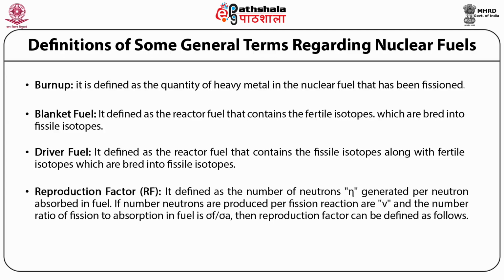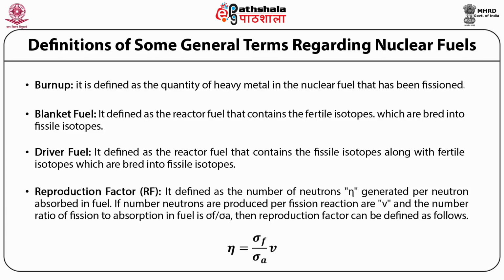It is defined as the number of neutrons, or eta, generated per neutron absorbed in a fuel. If the number of neutrons produced per fission reaction is nu, and the ratio of fission to absorption in the fuel is sigma F divided by sigma A, then the reproduction factor can be defined as follows.